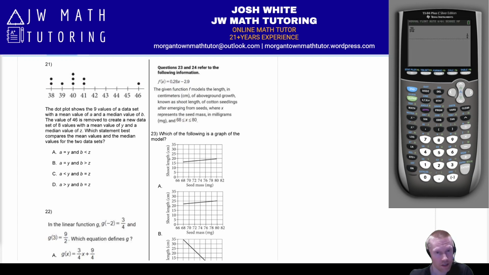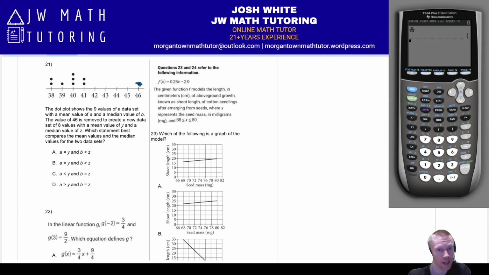So 46 is going to be above the mean or average value. So if you take that out, and now you're just adding up these other 8 values, the mean is going to decrease, okay? Because you're taking away a value which is larger than the mean or the average.